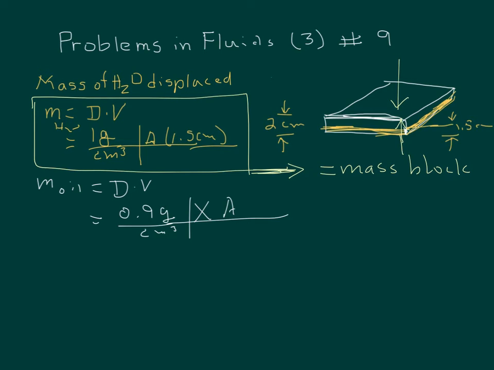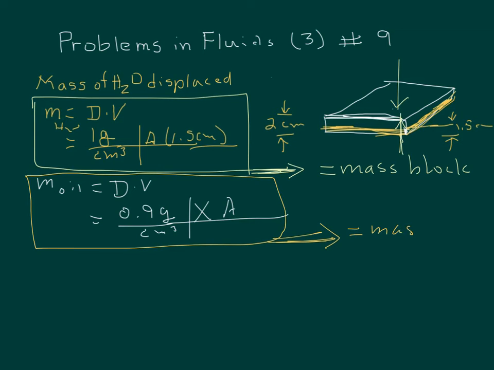So if I multiply them by g, I have the force. But the buoyant force pushing up must equal the weight of the block. So dividing both by g, the mass of the water displaced must equal the mass of the block. But similarly, for the very same reason, the mass of the oil displaced must equal the mass of the block.